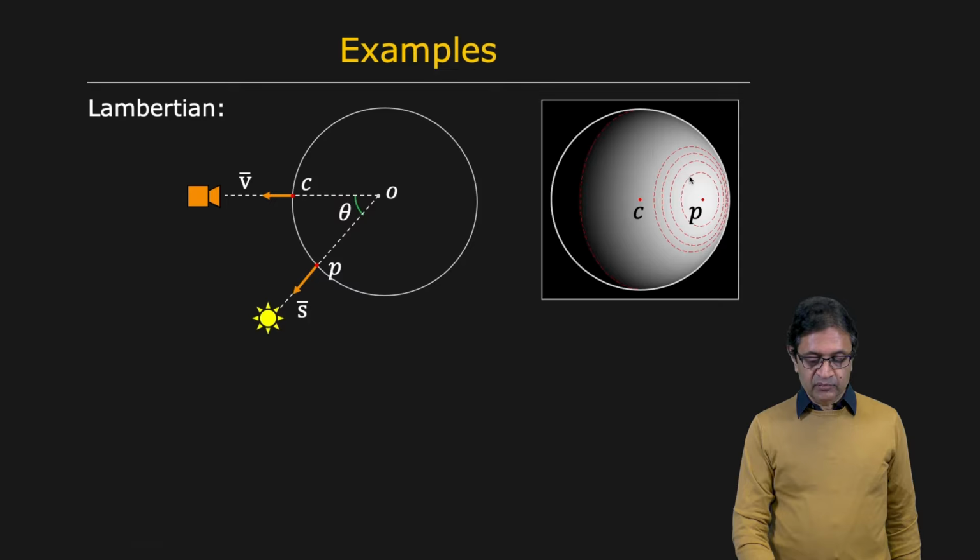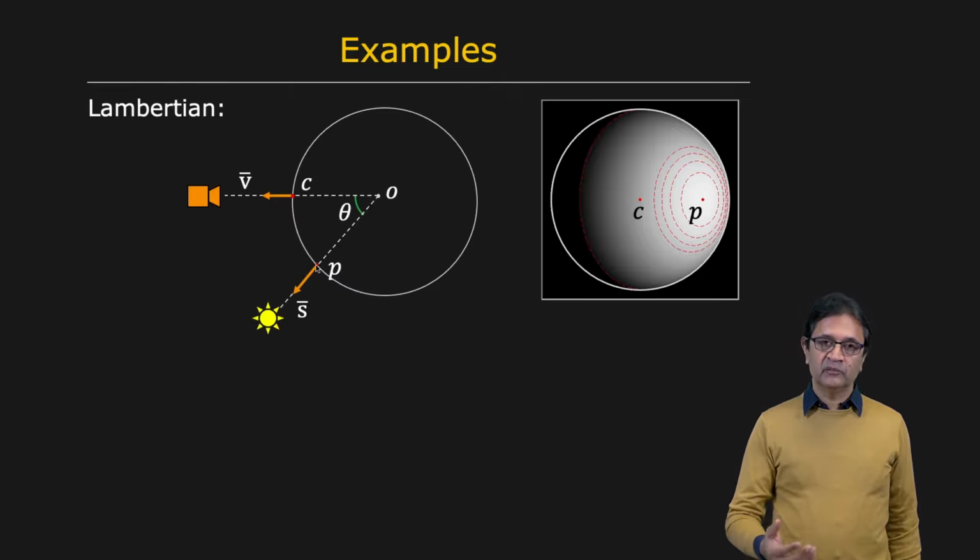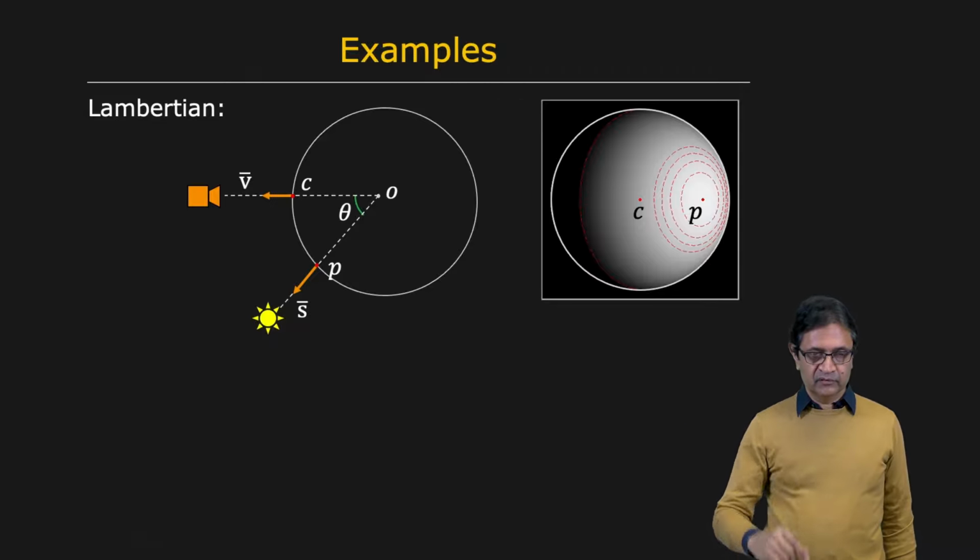And in this image, the brightest point is this point right here, where the angle of incidence is equal to 0. You know that for a Lambertian surface, it's going to be brightest when the illumination comes from up above, direct illumination. So that point is the brightest, and then it falls off from there. And then you also have these isobrightness contours on the sphere, which have equal brightness because the angle of incidence along each one of these isobrightness contours remains the same.